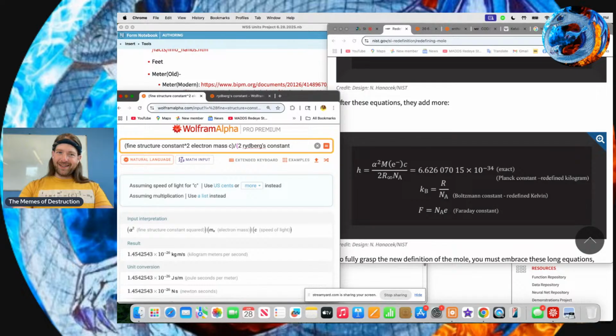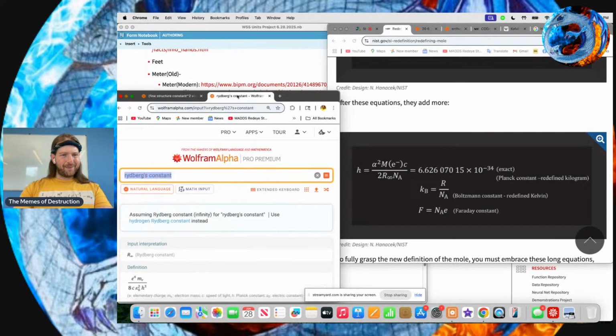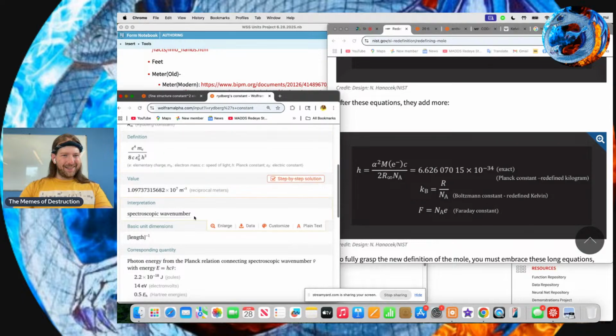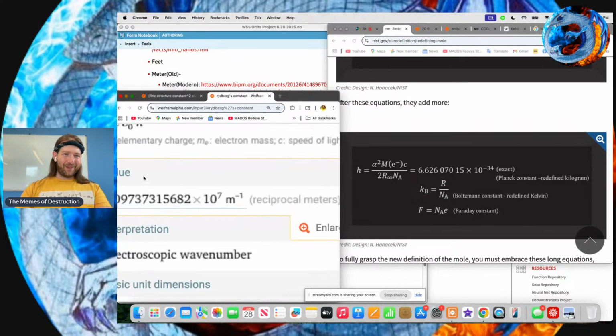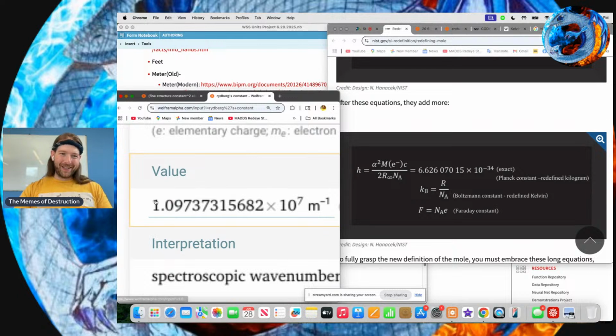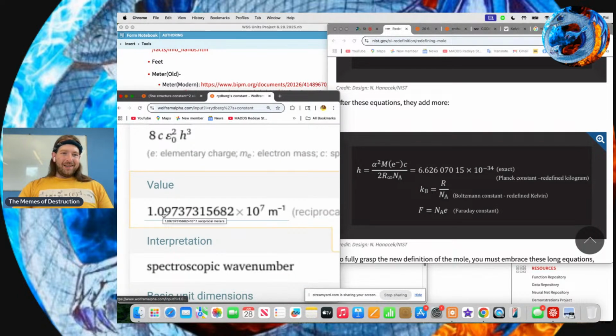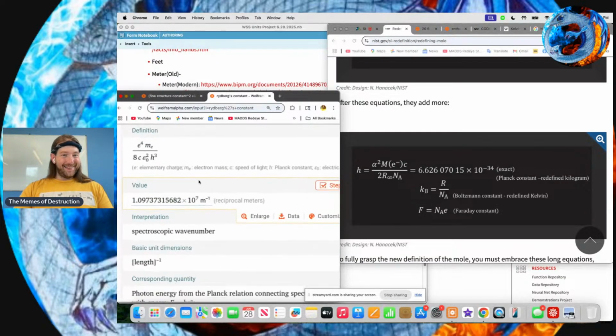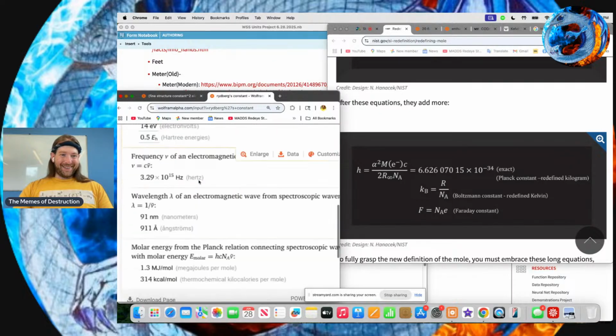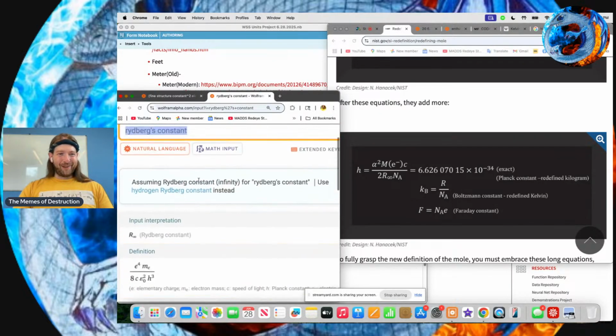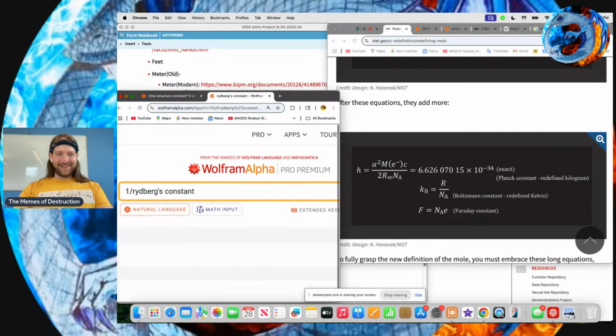Do Rydberg's constants, because two of them equals... What is Rydberg's constant anyway? Spectroscopic wave number. Wow, we got a lot of digits. That's very precise. Spectroscopy is very useful. Let's see, 1, 2, 3, 4, 5, 6, 7, 8, 9, 10, 11, 12. That's a really cool number. What is 1 over it? I'm just curious.